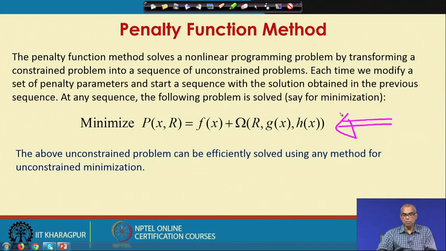This unconstrained minimization problem can be efficiently solved using any method for unconstrained minimization. Normally, for practical problems, analytical solution may not be applicable and you must make use of numerical methods for solutions of this unconstrained problem. And there are a host of powerful unconstrained minimization techniques which can solve this problem very efficiently and reliably.